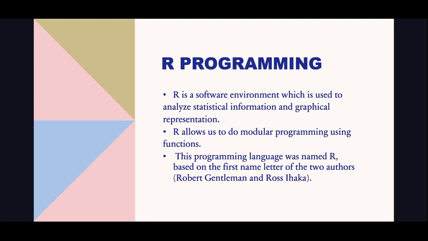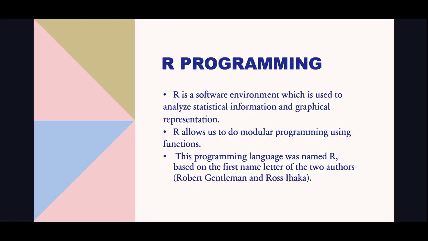So R is a very powerful programming language widely used in the data science world. And R is a language and environment that is primarily built for statistical computing and graphics. R allows us to do modular programming using functions.